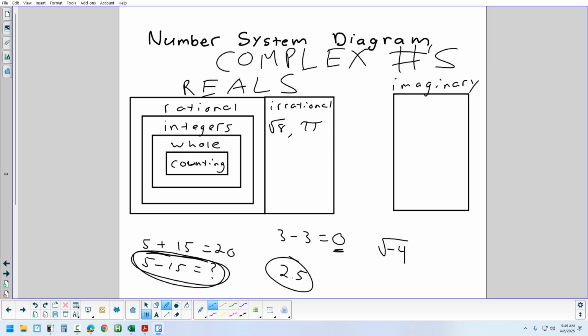Complex numbers include everything. Every number that you've studied pretty much, at least in this class, has been a complex number. Up until now, I think we've mostly focused on real numbers. We might have done a little bit with imaginary. Can't remember. But that's kind of our number system diagram.